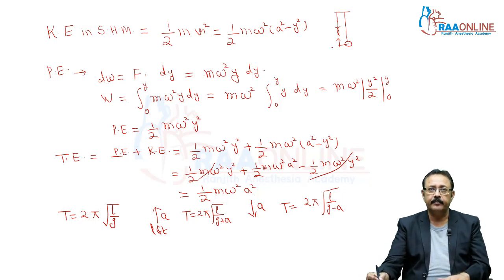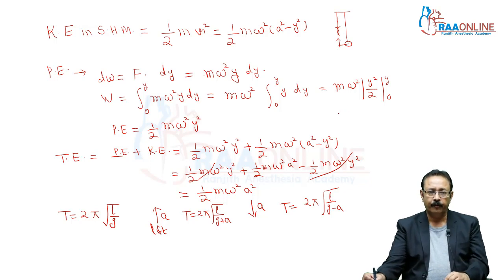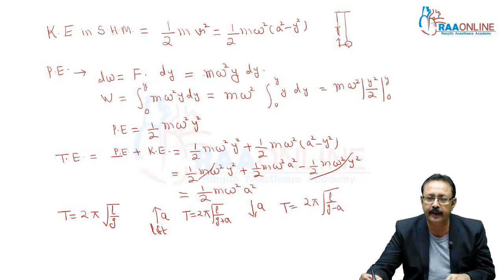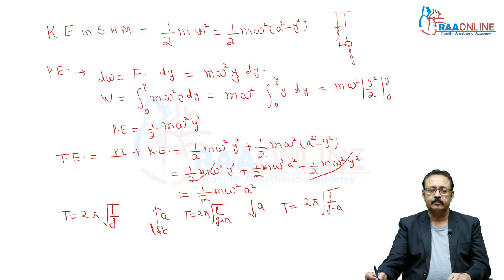They can frame one problem based on this concept also. They will say that we have in place of bob one hollow sphere filled with water. If I make a hole in bottom, water is coming out from this hole. What is the effect on time period of simple pendulum?